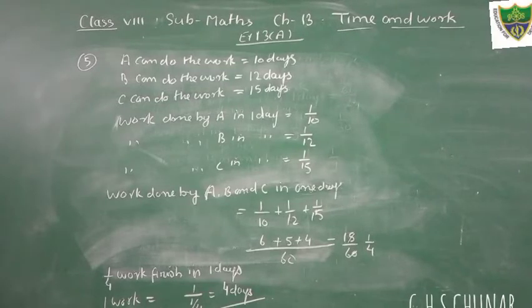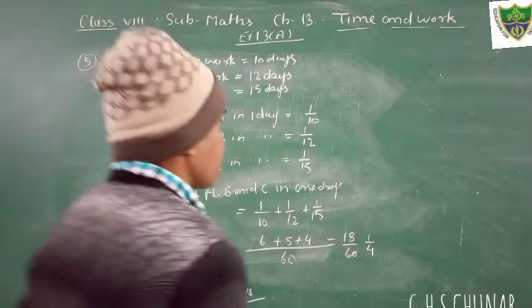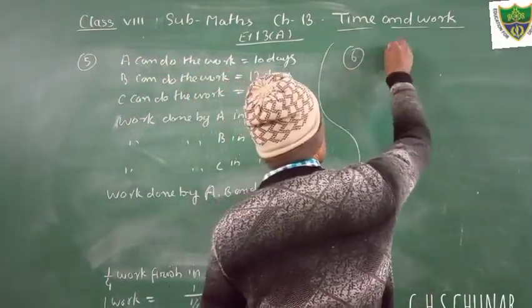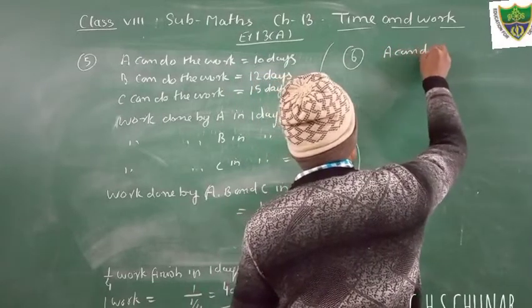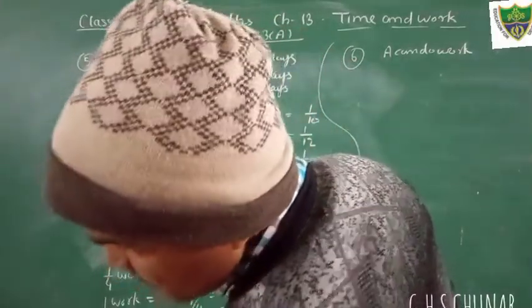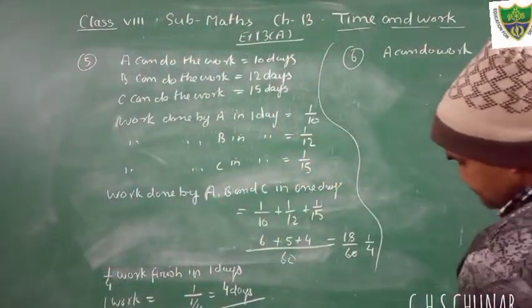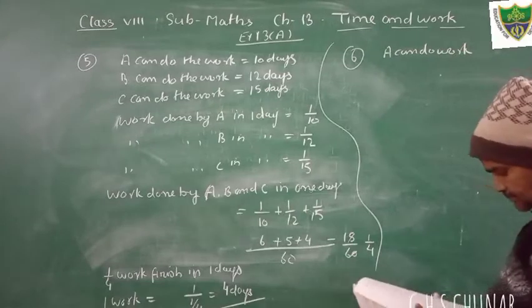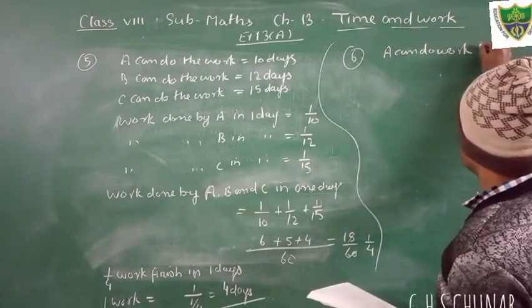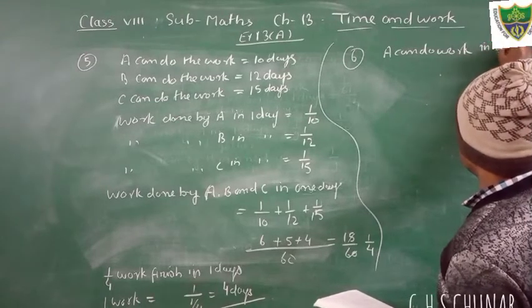Okay. Question 6. A can do a piece of work in 24 days while B can do the piece of work in 16 days. If A, B, C together... Now the 6. A can do the work in 24 days.